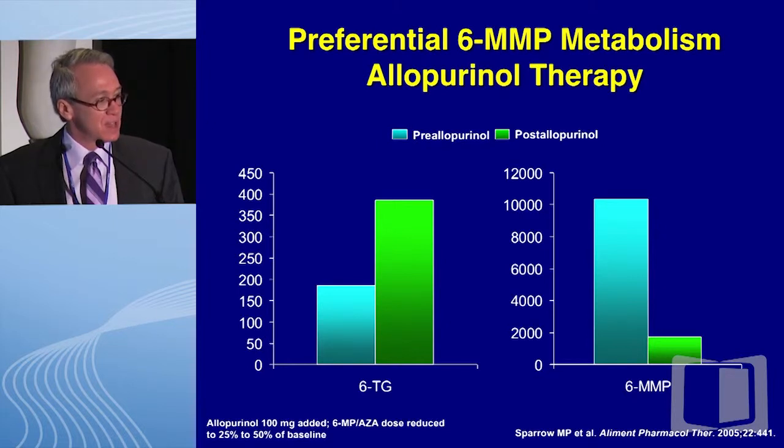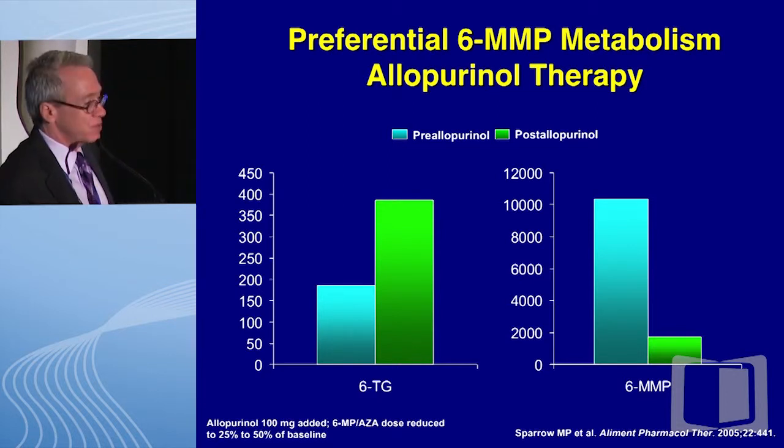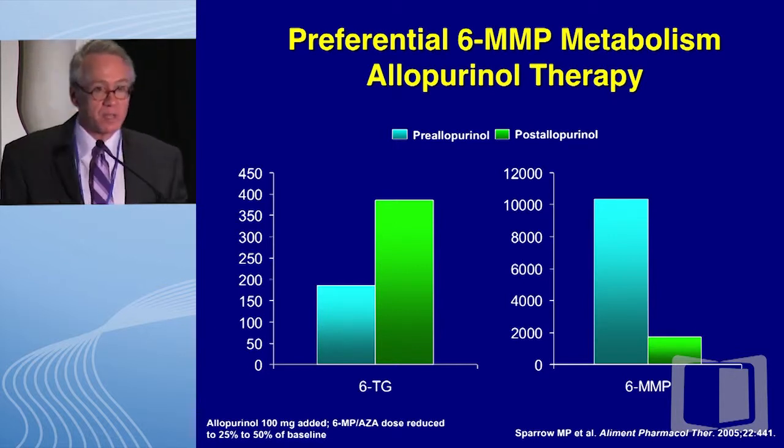And this has been shown in a few studies now. If we look at patients who are treated with allopurinol, you see the 6-TGN levels go up, the 6-MMP levels go down, and this has been correlated with therapeutic responses in patients.